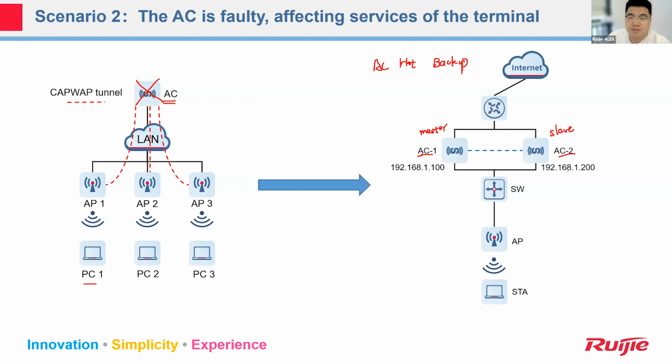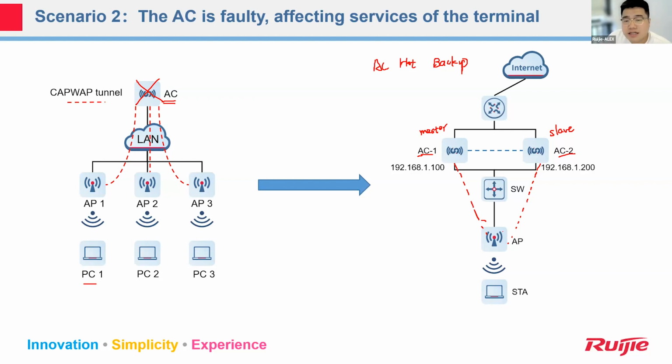Between the ACs and the APs, since we have two ACs here, the AP will establish a CAPWAP tunnel with the master AC, and at the same time, it will also establish a tunnel with the slave AC.